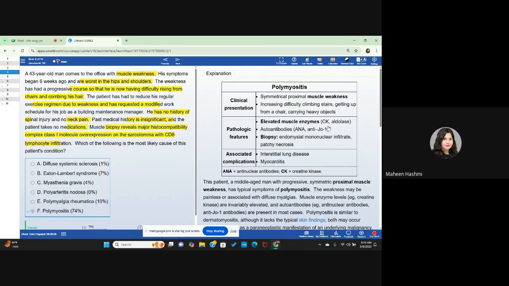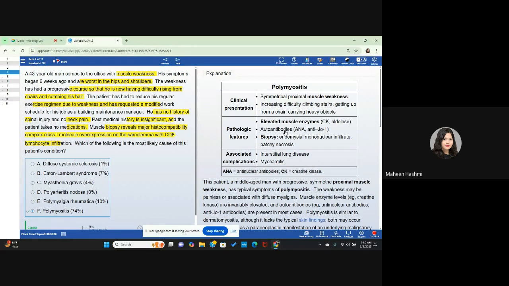They will have elevated enzymes such as CK and aldolase. Biopsy findings are very high yield to remember because they're going to give them again and again in the question stems. This is the biopsy, this is the pathology, what is the disease? So it's very important that you make yourself familiar with how it presents. Associated complications are sometimes important, but in this case it's not high yield.